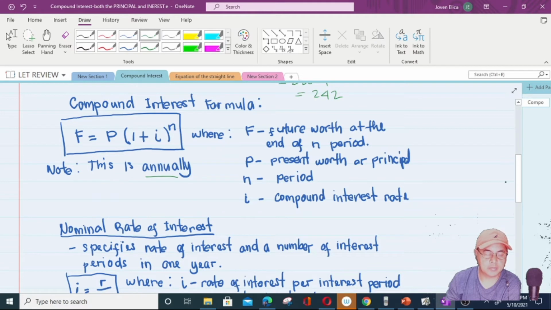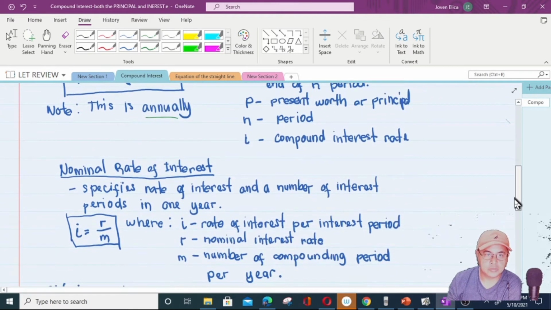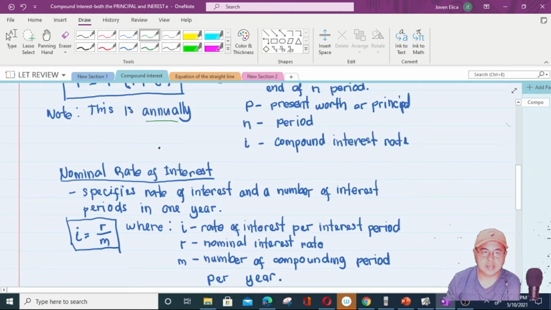For example, you have a period of 1 year, and within that year, the interest is compounded several times before the 1 year will be finished. And in that case, we will be introducing nominal rate of interest, because nominal rate of interest specifies the rate of interest and a number of interest periods in 1 year.